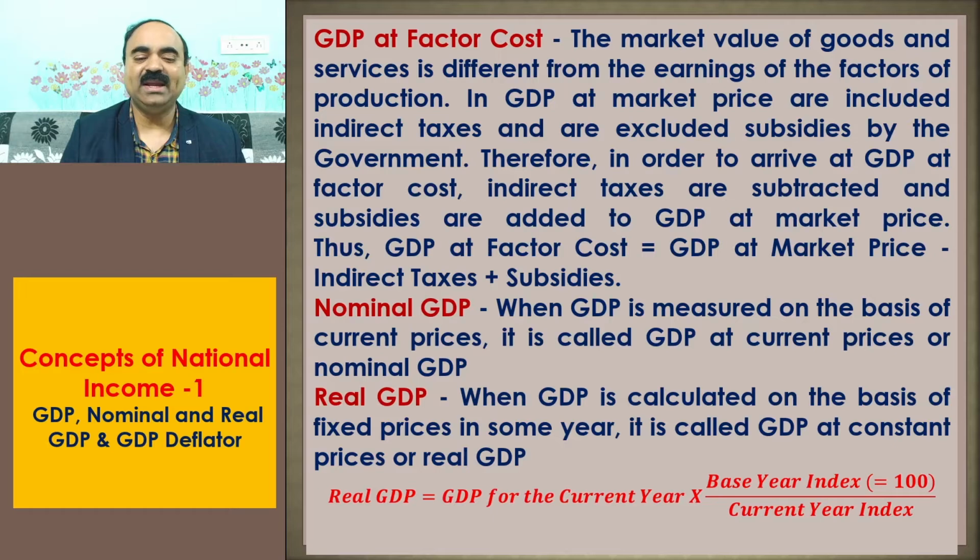Real GDP can be calculated by using the formula: real GDP is equal to GDP for the current year into base year index, that is equivalent to 100, divided by current year index.